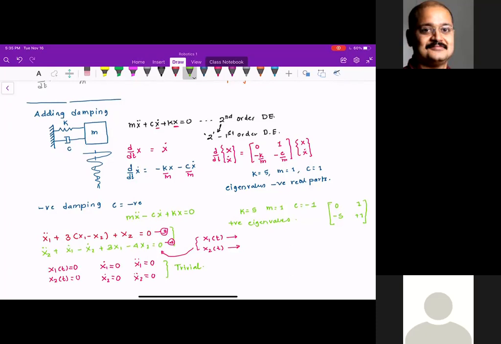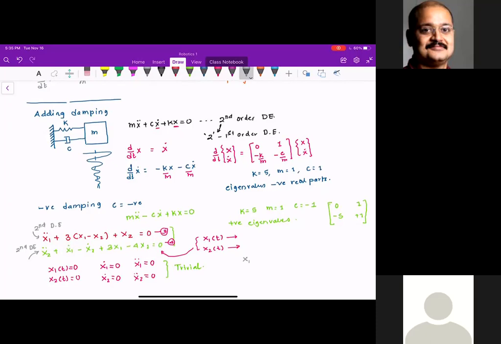But if I want to find out the actual solution, which is important, here is what I would do. I would write this equation in the state space. Please note, this is the second order differential equation. This is also the second order differential equation. So I would use 4 states.